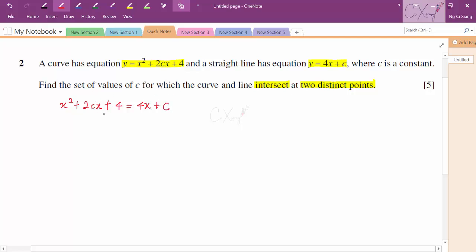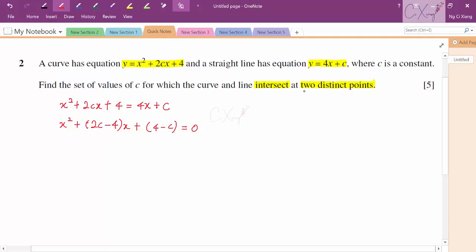Definitely, I cannot solve this equation as it is, so I'm going to rearrange everything to one side. So I will have x squared plus (2c minus 4)x plus (4 minus c) equals 0. So I'm having a quadratic equation in terms of x and c.